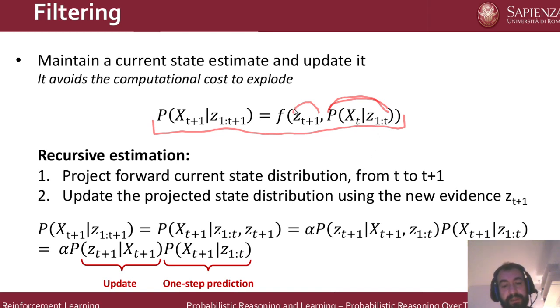We are incorporating the new observation at t plus 1, and then all of this is incorporated into this function, which we'll see how it's implemented, that gives us the new estimate at time t plus 1, given all the observations from 1 to t and the new one that we got as well, so up to t plus 1. Okay, so we are updating the estimated state distribution using the new evidence z t plus 1.